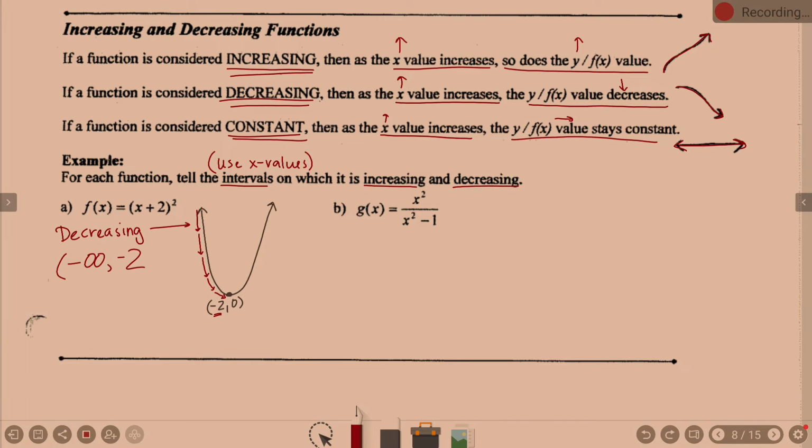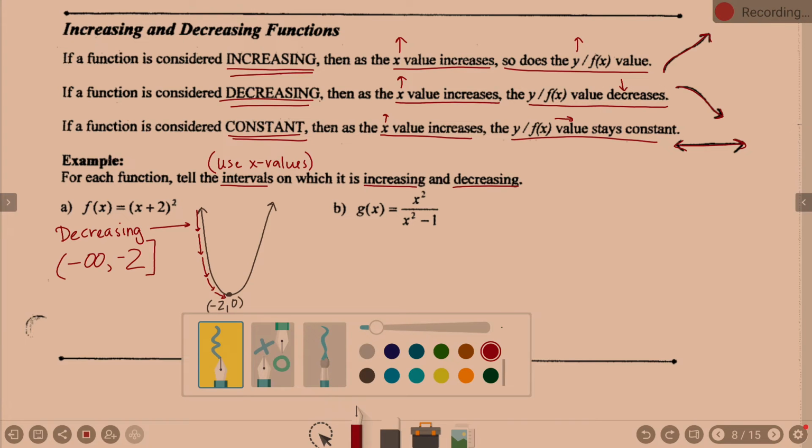Technically, directly on (-2, 0), wouldn't it be constant, so wouldn't it be parentheses? I think you could argue both ways on this, honestly. I look at it as, does my graph touch the value -2? Yes, it does, so I use brackets. However, because -2 is that break point, I could see you arguing both ways. Does that make sense?